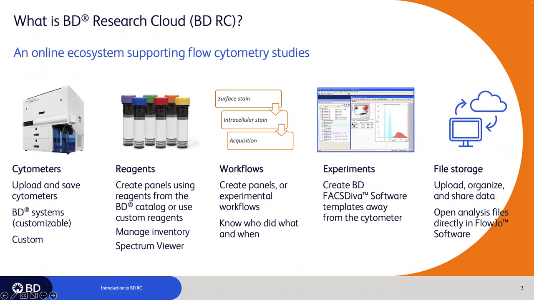So you don't have to wait until the cytometer is available before you can start creating your DIVA template. You can do that in BDRC now, and then just upload that to DIVA when you're ready to start acquisition. And then also within BDRC, you can upload, organize, and share data. So you upload your data to BDRC, which makes it available from any computer. And then FlowJo has connectivity to BDRC to connect to those files, and you can start analysis from any computer.